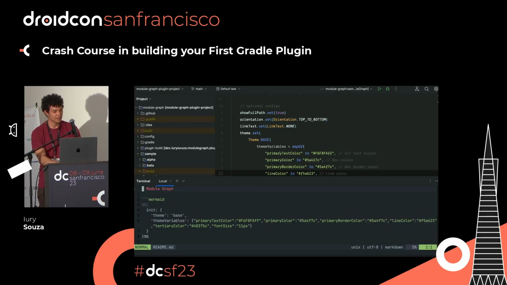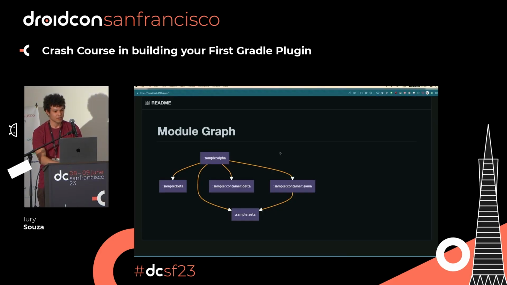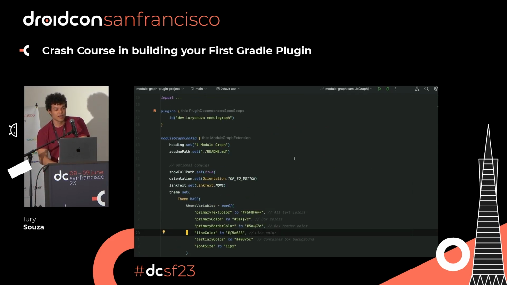So that task creates this, and when I render this, I get this. That's about it. You can configure that with the plugin.